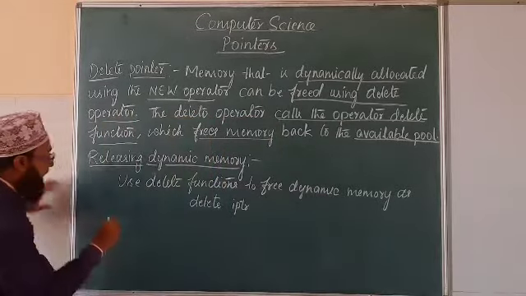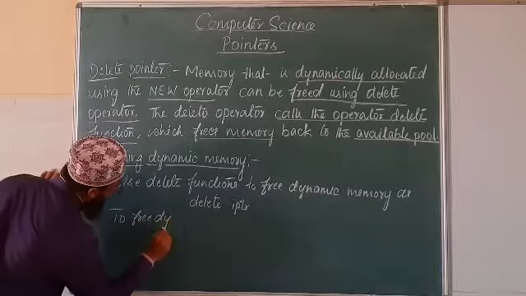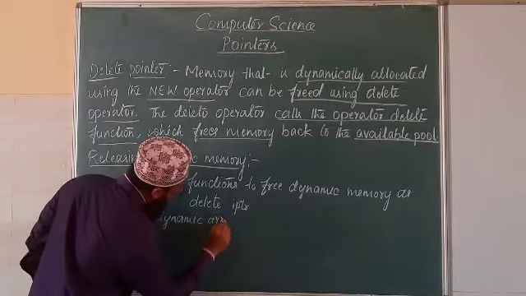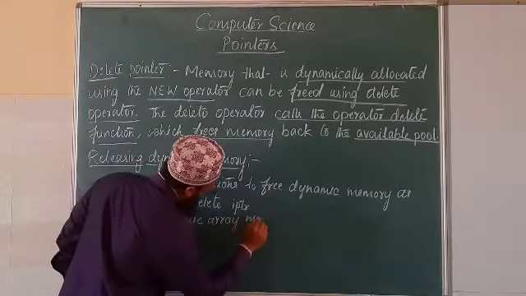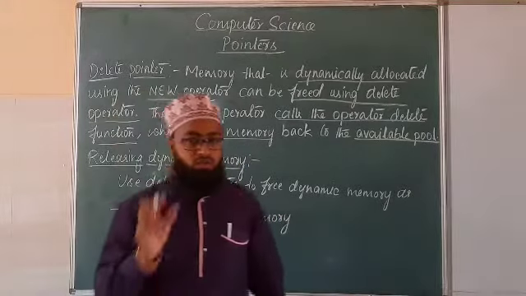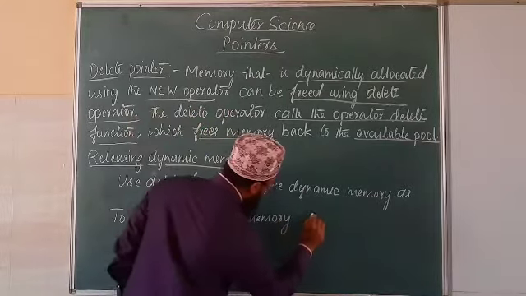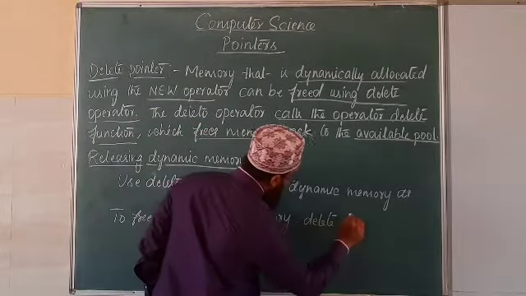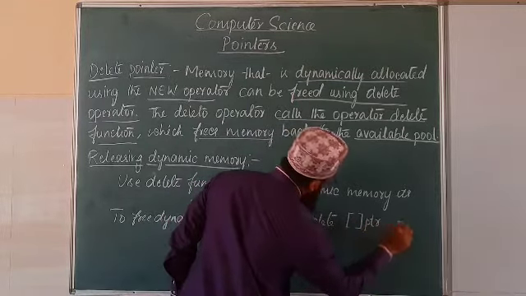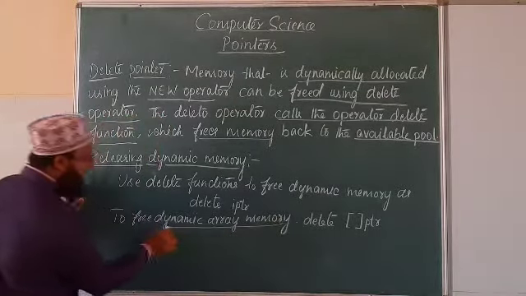To free dynamic array memory, we need to use one syntax. That syntax is like this: delete, then the array brackets, then the pointer. We use this for deleting dynamic array memory.